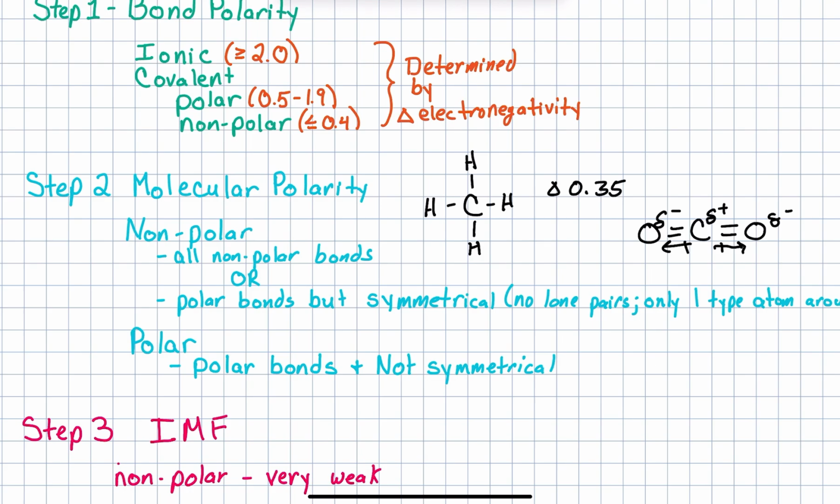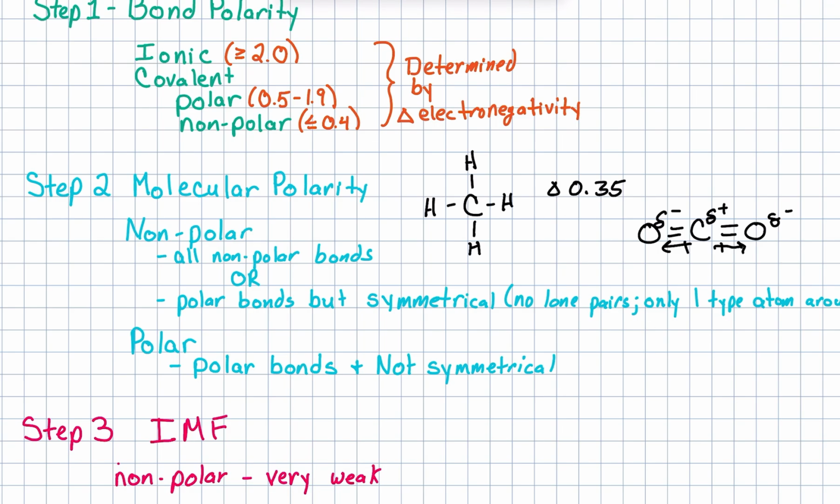With our dipoles we see that I have negative charges pointing out from the carbon. It's polar, but does it have any lone pairs? No. Is the central atom surrounded by only one type of atom? Yes. And because of that, that makes it symmetrical.